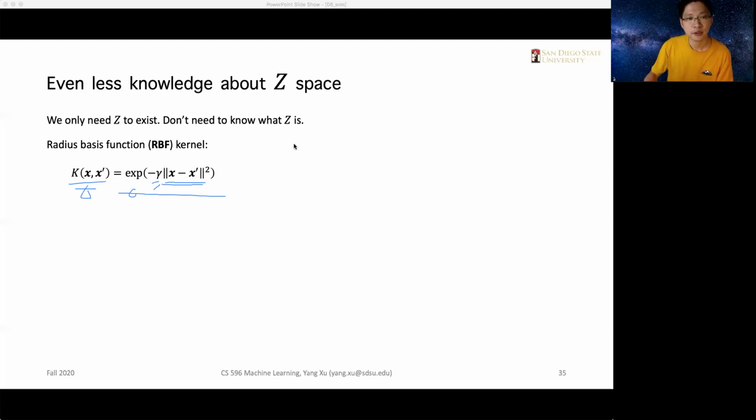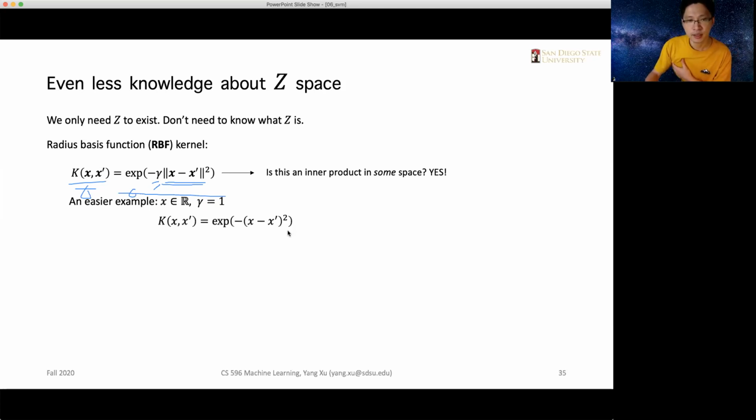And if we expand this term, say we look at the 1D space in X, the X is in the 1D space and the gamma is 1, then the kernel function becomes this, right? And we can expand this term a little bit, and we can further expand this term.